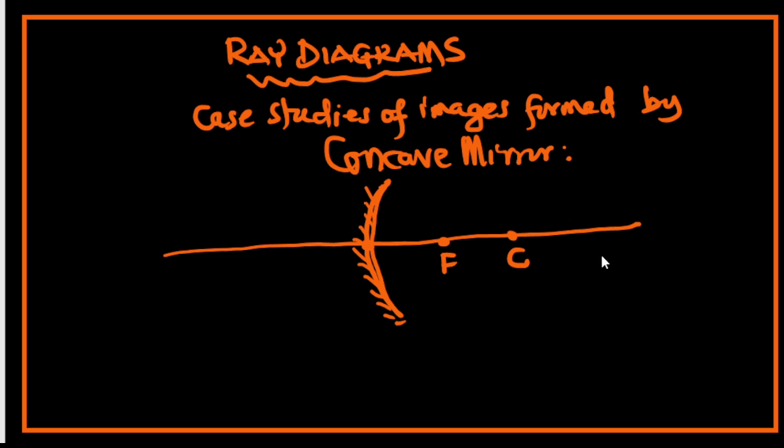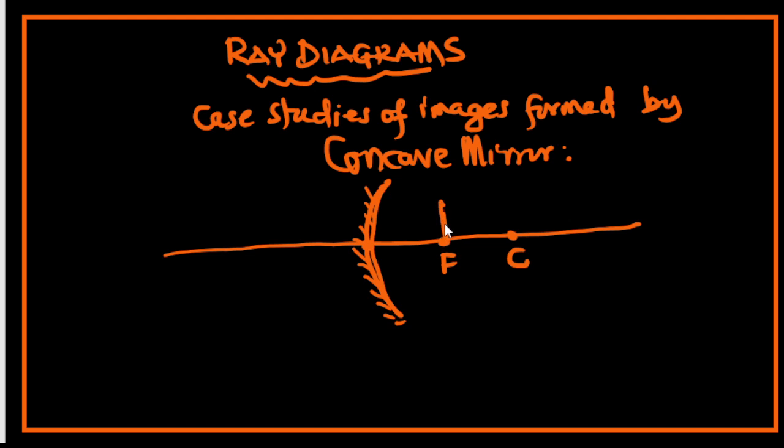So we have several situations. We can have an object standing at position A here. Position A implies that the object is behind the center of curvature. We can have the object standing on C itself. This means the object is at the center of curvature. The object can also exist between the center of curvature and the principal focus.